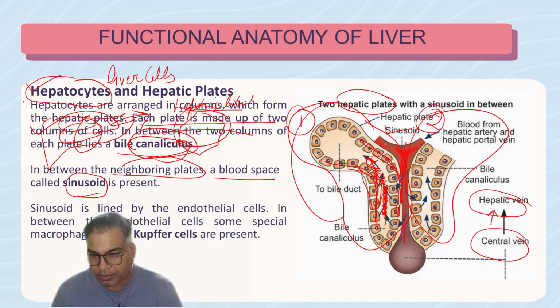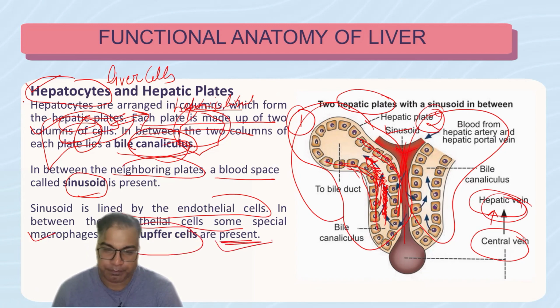Between these two hepatic plates, there is a space called sinusoid, which opens into the central vein, and finally leads to the hepatic vein. One hepatic plate is formed by two columns of hepatocytes. Sinusoid is lined by endothelial cells. In between these endothelial cells, some special macrophages like Kupffer cells are present.